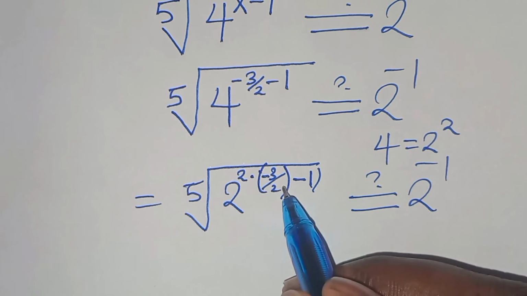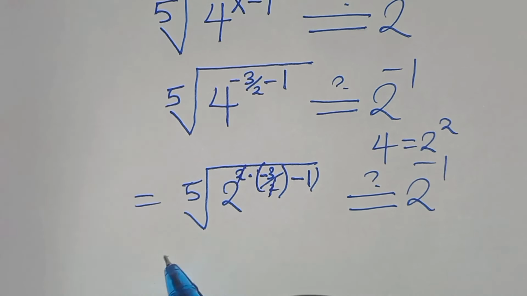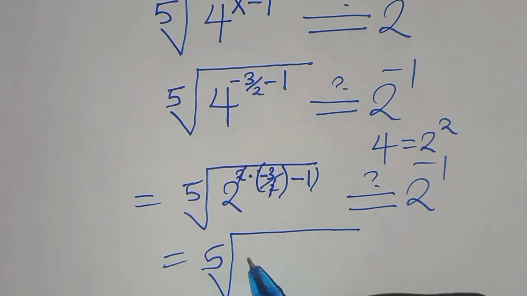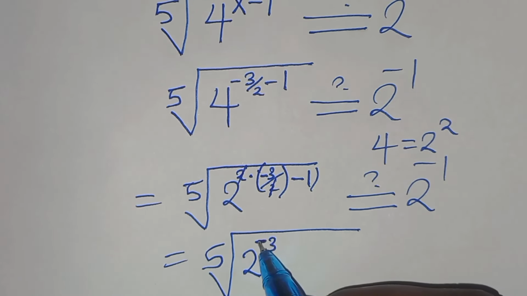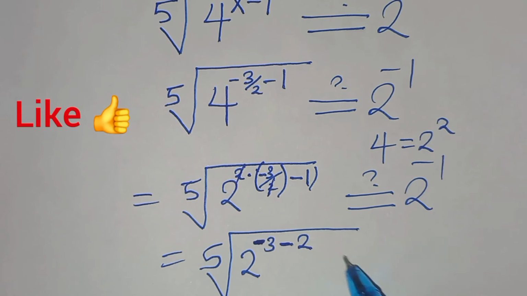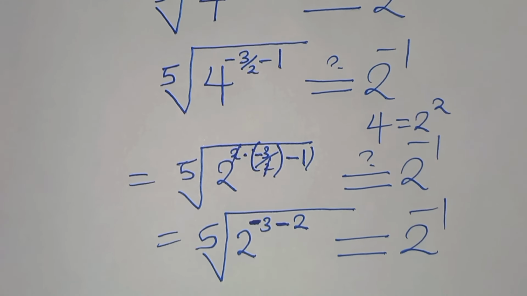So if we simplify here, we have 2 and 2 here simplify, so that we have the fifth root of 2 to the power of minus 3 minus 2. This should give us a value of 2 to the power of minus 1.